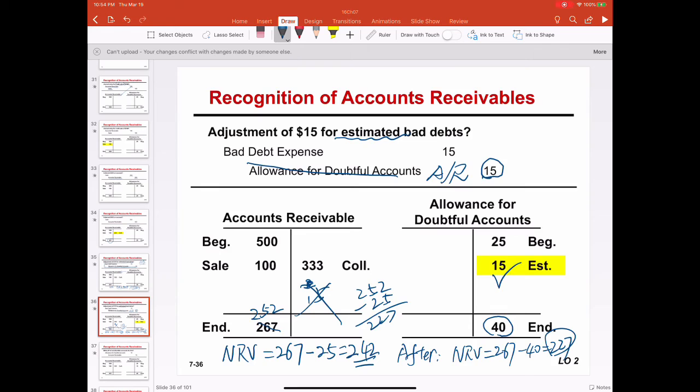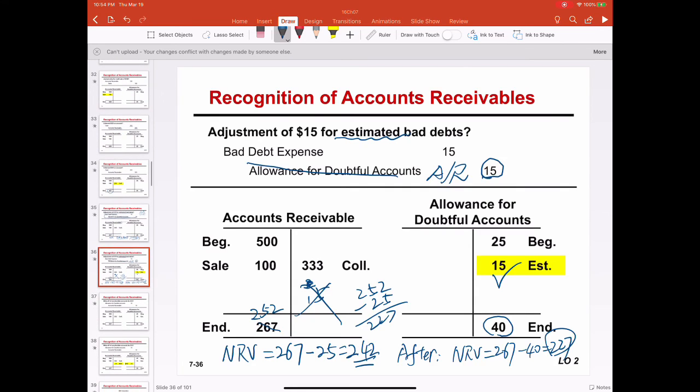The reason is unless we have any solid evidence, we will not credit or write off the accounts receivable directly. What we do is we recognize this amount in the control account of accounts receivable.